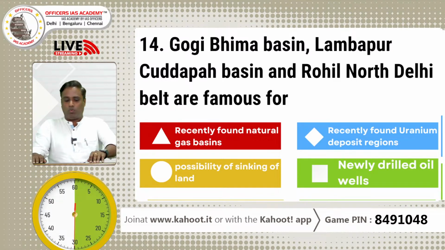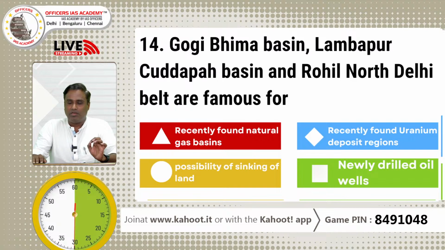Time's done. We move on to the answers. Gogi Bhima Basin, Lampapur, Kadapa Basin and Rohil, North Delhi belt. These are famous for recently found uranium deposit regions.